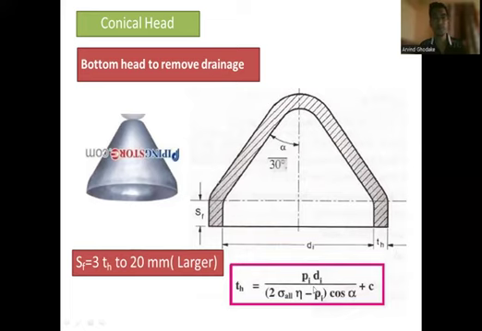Pi is the internal pressure, Di is the internal diameter, TH is the thickness of the head, SF is the straight flange length, and C is the corrosion allowance. SF is generally taken as 3 times the thickness of the head or 20 mm, whichever is the larger value.